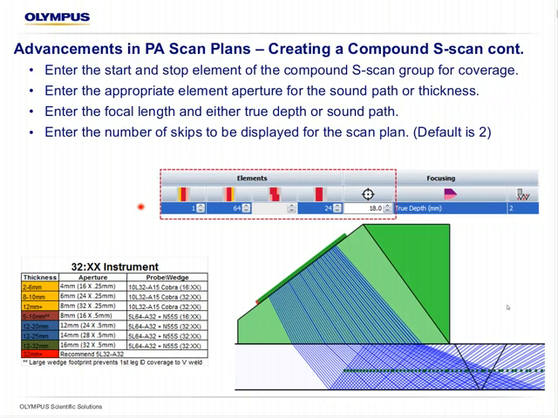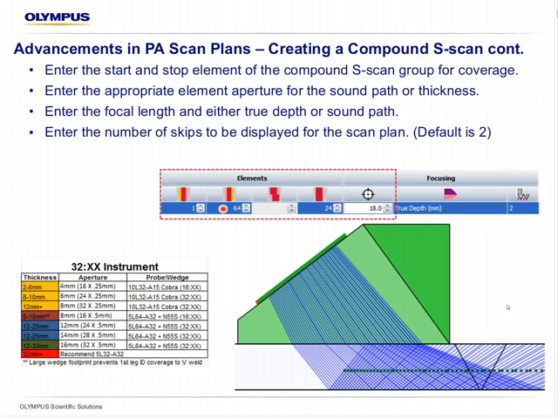Unlike a traditional S-scan, in the compound S-scan, we are also going to define the first element of the configuration and the last element of the configuration. In most cases, it's going to be the entire width of the probe, or all elements within the probe.